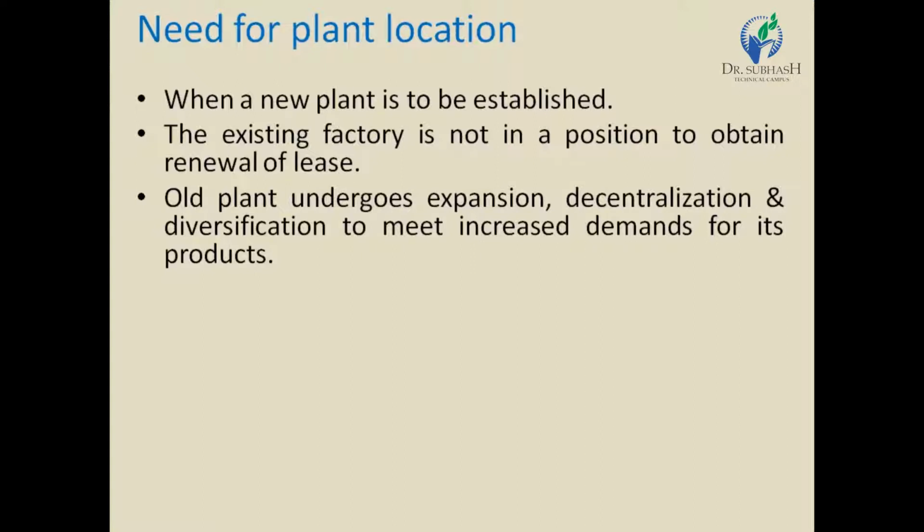Now if they want to increase the range of products they are manufacturing, and they are supposed to produce 5 products, then for producing those additional 2 products, they will require some new site or new place, because the existing plant is not able to produce them.